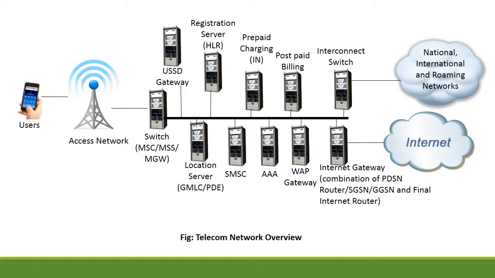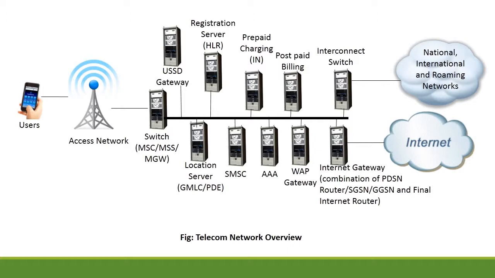To recap, users are connected to the serving switch through the access network. To register every user, there is a registration server which we call the HLR, or home location register. Primarily, it authenticates the user and then gives authorization to use the service.